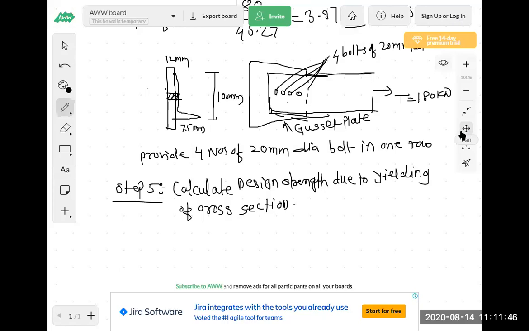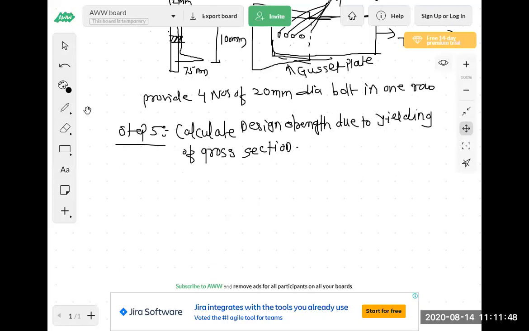Write down the formula for design strength due to yielding of cross section. So Tdg is equal to Ag into fy divided by gamma m0.